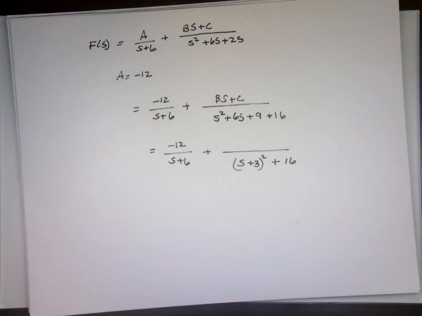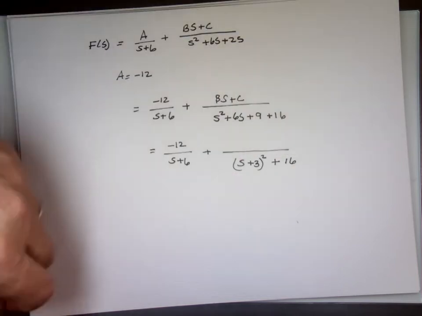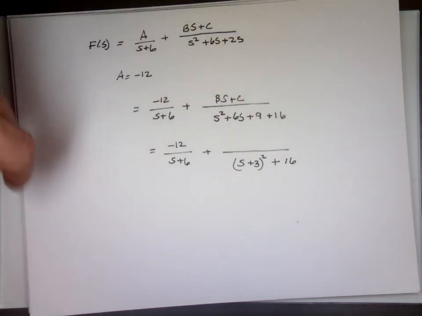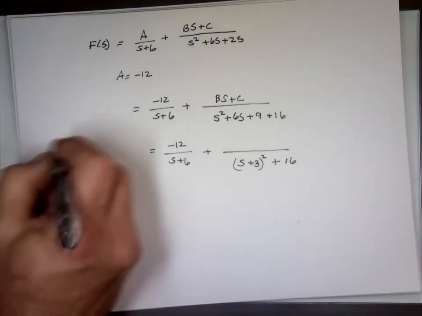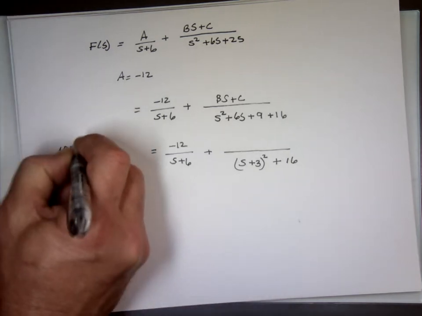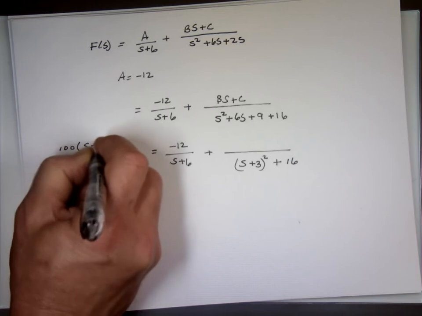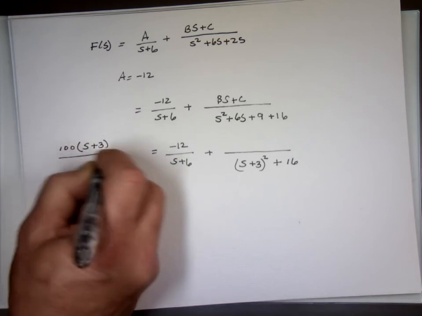Now I need to know what B and C equal. And try to simplify this. That's how we did it in math. I don't know if there's any other way you did it in math. I can't remember. But going back 32 years ago, that's how we used to do it in math. And I'm sure 32 years ago, math at that time and math today is probably the same.